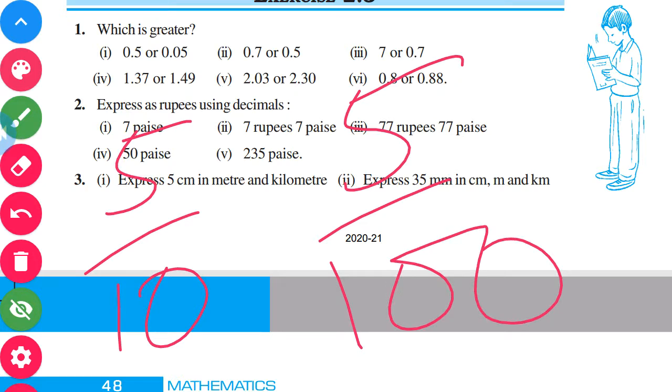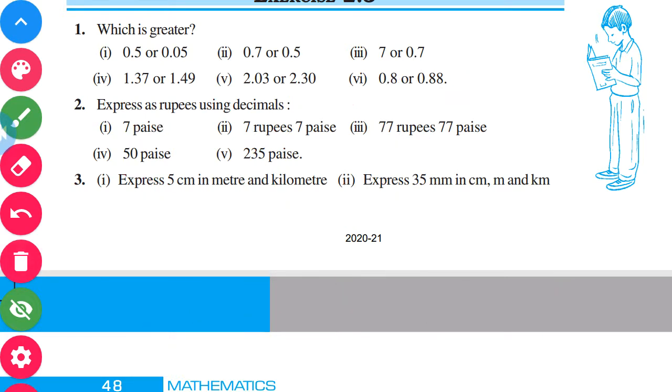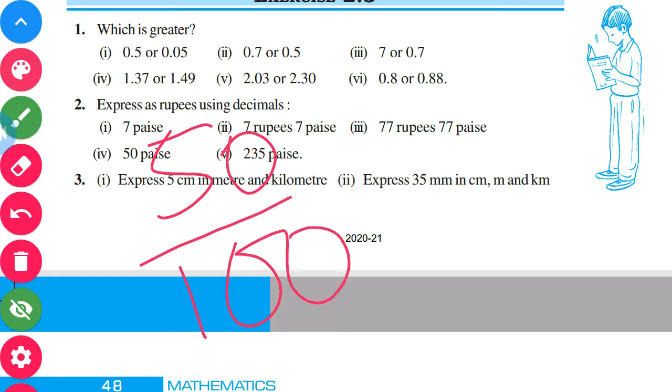Now, if I want to compare the two decimals, we first need to see whether the denominators are equal. To make them equal, I multiply both the numerator and denominator of the first fraction by 10, as in multiplication of fractions, which we have already studied. So 5 into 10 is 50, and 10 into 10 is 100.